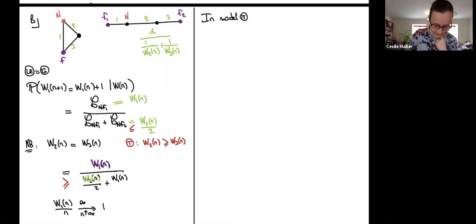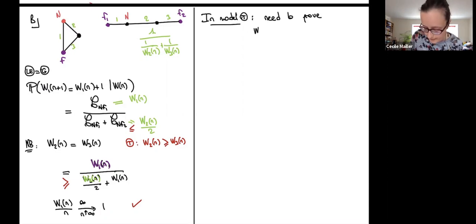So in model T, we still have this convergence to 1, which implies that the weight of edge number 3 goes to 0, but which doesn't imply that the weight of this edge also goes to 0. So in model T, we need to prove that the weight of the second edge divided by n goes to 0 when n goes to infinity, if we want to find the shortest path, right?